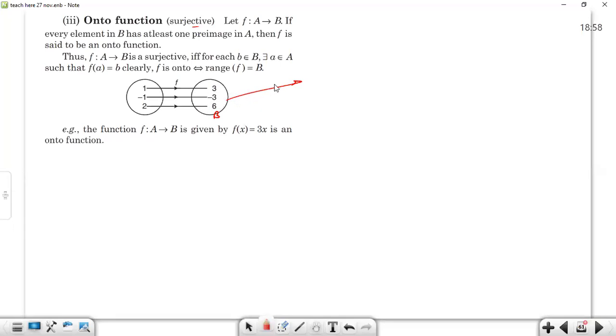Technically, set B is the codomain, and the set of every element getting mapped, the set of second elements in the relation, is the range. So if codomain is equal to range, then we call the function an onto function. Clear? Yes, sir.